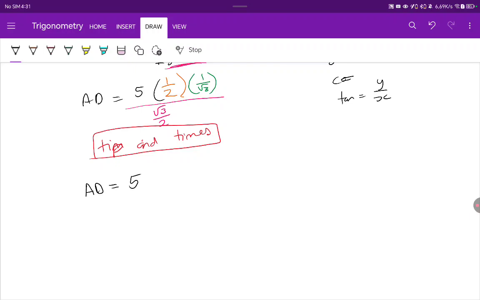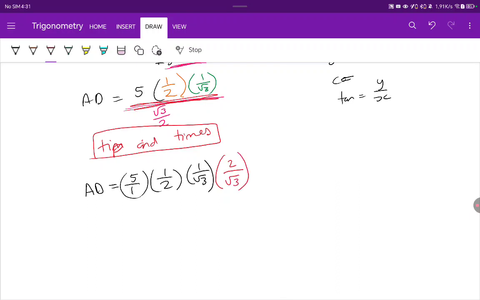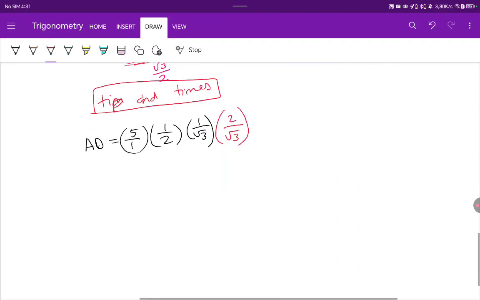That's 5. Or you can put it as a fraction, 5 over 1 multiplied by 1 over 2 multiplied by 1 over square root of 3. Now on your tip and times, instead of divide, we're going to multiply by upside down, 2 over square root of 3. Beautiful.